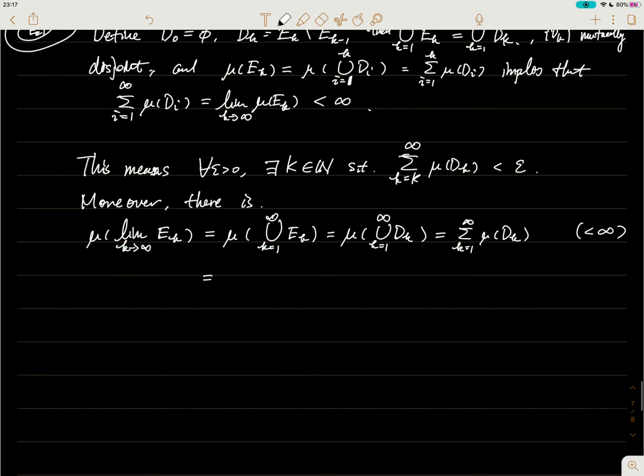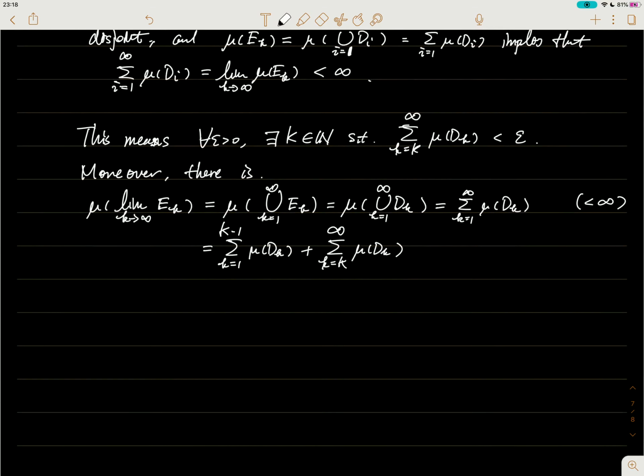So that means I can rewrite this as the sum for k from 1 to capital K minus 1 of mu of Dk plus the tail, which is the sum for k from capital K to infinity of mu of Dk. And we said that for any epsilon, we can choose this capital K large enough such that the second term is less than epsilon. So this will be less than or equal to the first term plus epsilon.